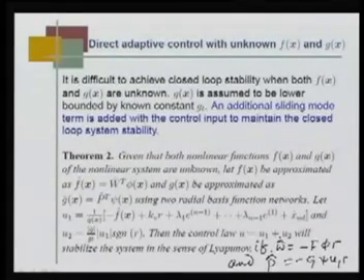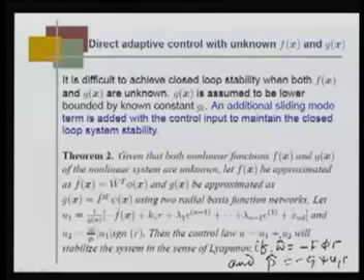Please try to understand what this theorem means. The theorem means that we are given an affine system where both f x and g x are unknown. F x is approximated by one radial basis function network, not in terms of system identification; simply we say that this is representing it, and g x is approximated by another radial basis function network.